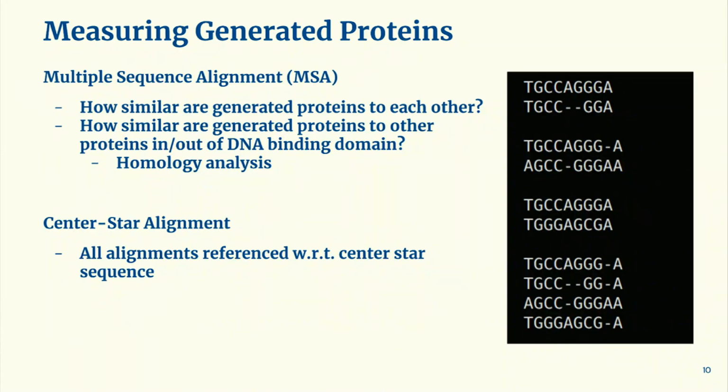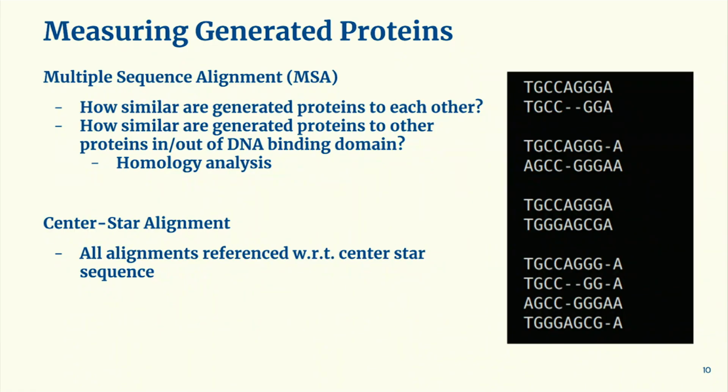To measure the generated proteins, we have to use multiple sequence alignments to other proteins. For example, how similar are the generated proteins to each other, and how similar are the generated proteins to other proteins within or outside of the DNA binding domain.